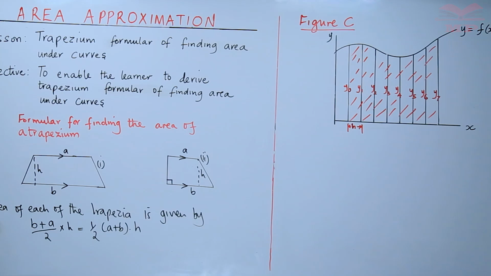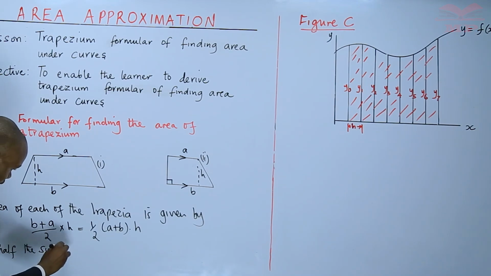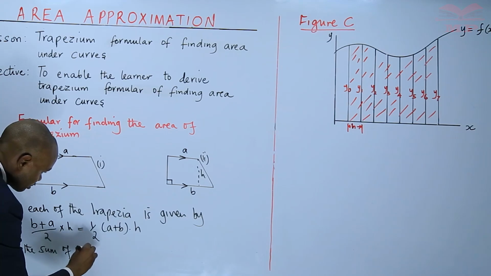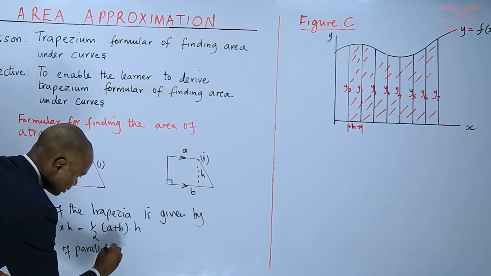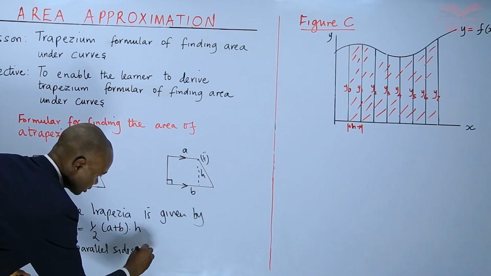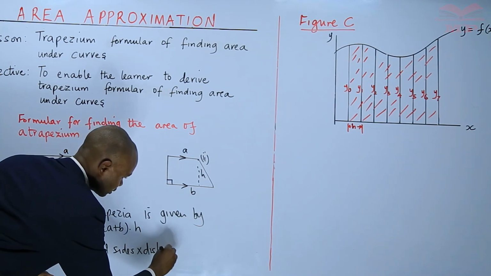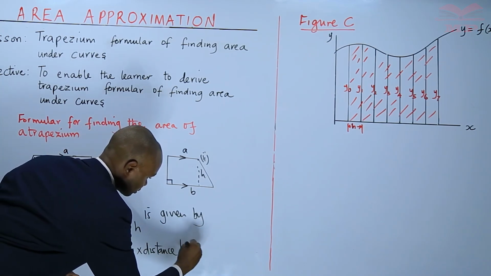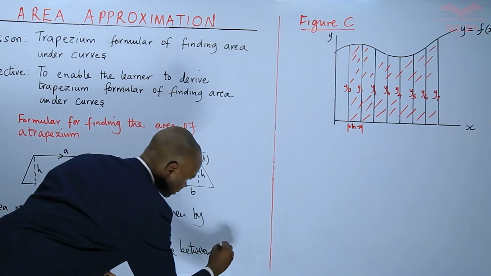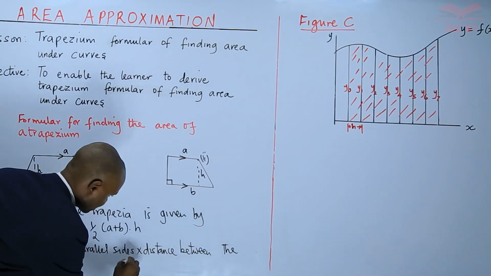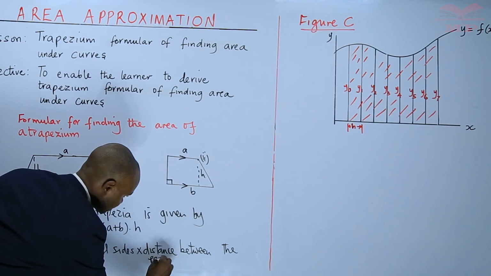So in words, you can say it is equal to a half the sum of the parallel sides times the distance between the parallel lines.